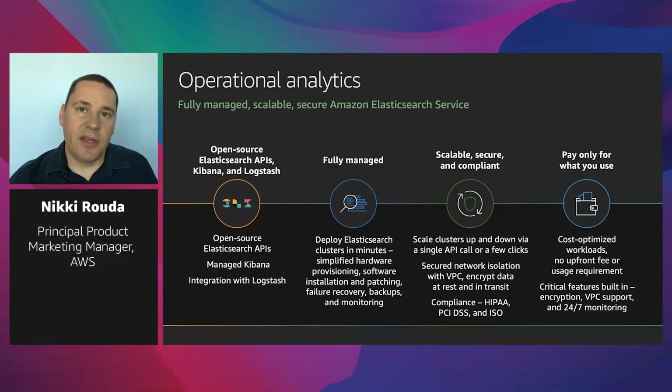Another approach for analytics is looking at log-based analytics, and people are again familiar with Elasticsearch as a common tool here. We have a fully managed Amazon Elasticsearch Service, or ES, and what this service is designed to do is really help you collect, analyze, and visualize data that could be in log files.